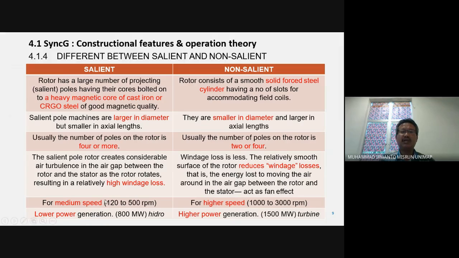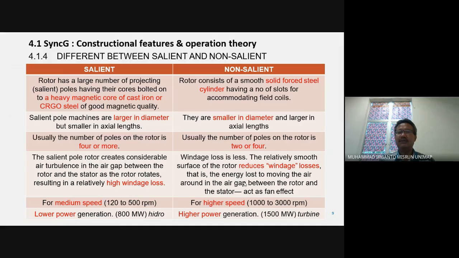In terms of capacity, the salient rotor generator is for lower power generation, around 800 megawatts, for hydropower plants. The non-salient is for higher power generation, around 1,500 megawatts, for the turbine.